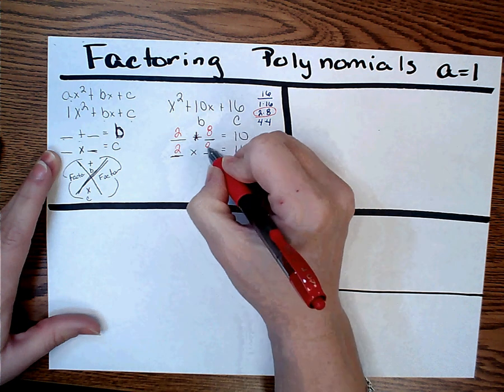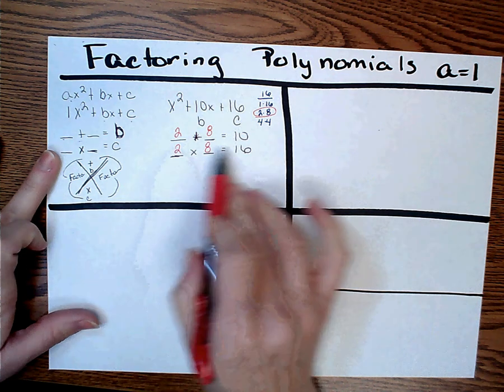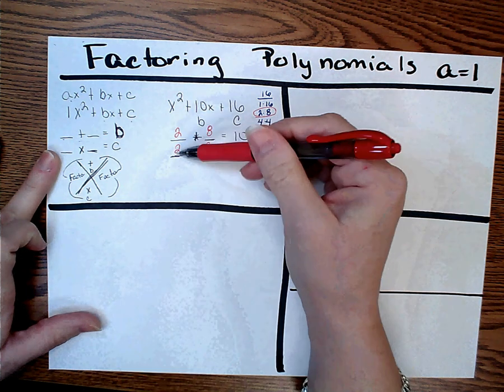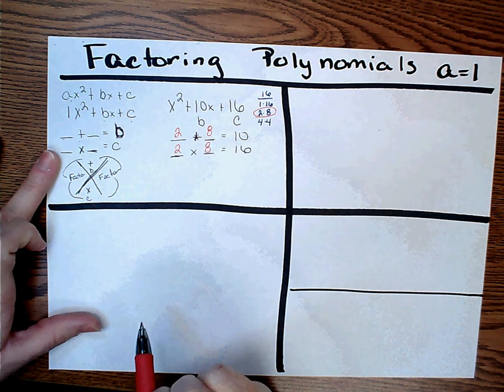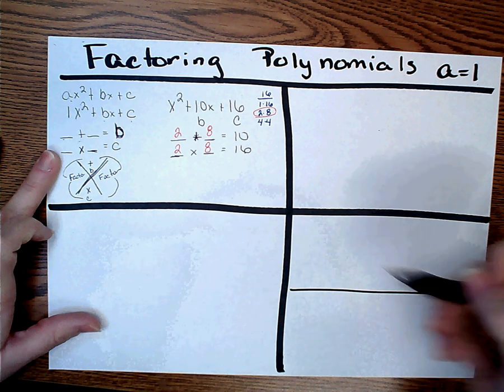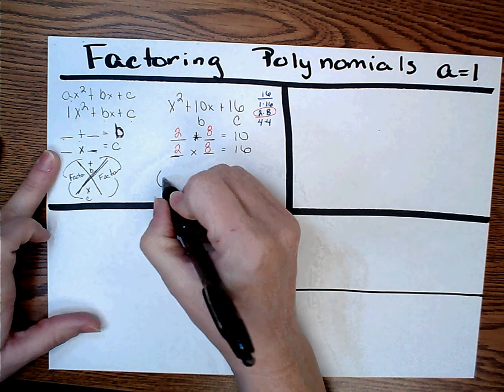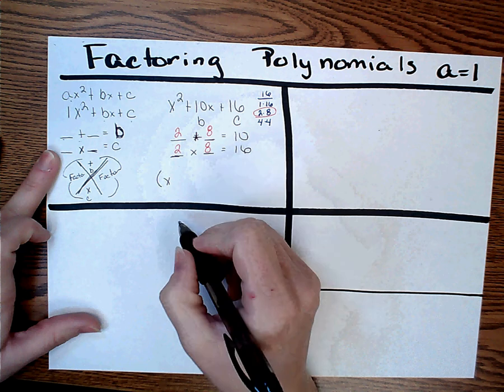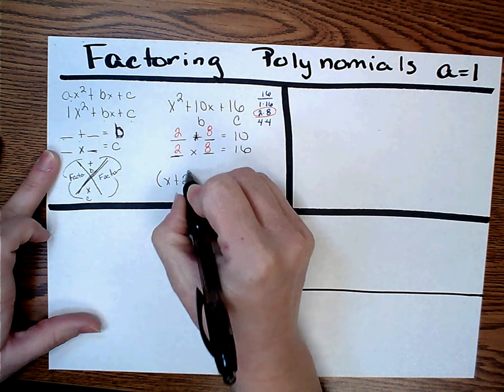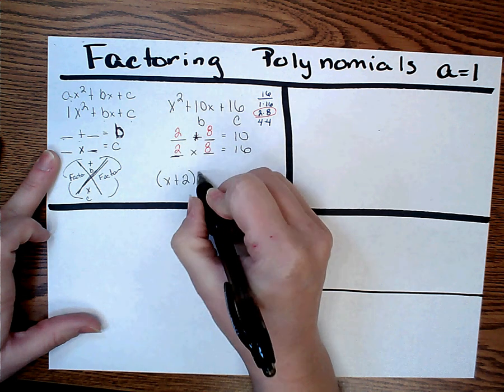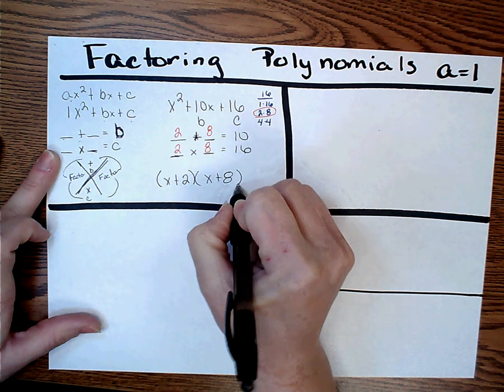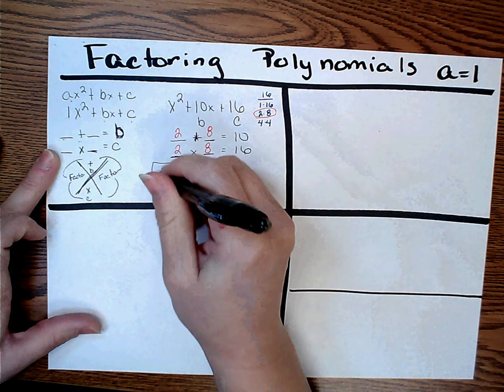When I multiply them, they give me 16. So if you notice, your blanks have to be exactly the same for this to work. So my answer when I factor is x, because of the variable in the problem, plus 2, and then x plus 8. So there's my answer.